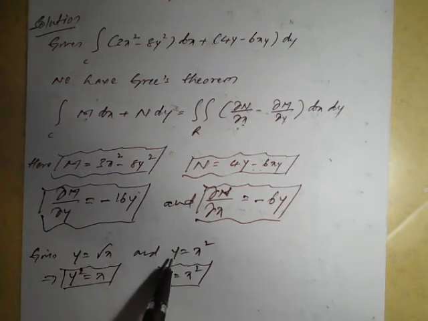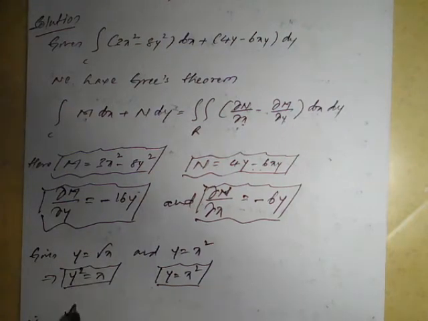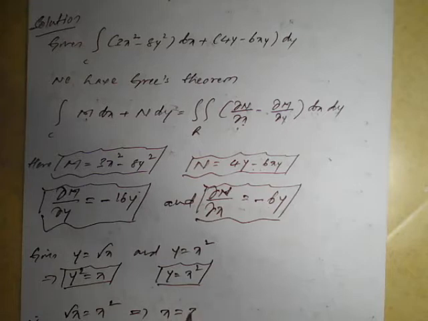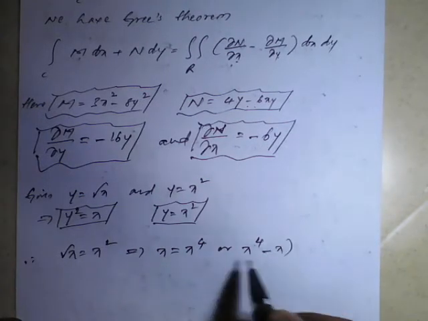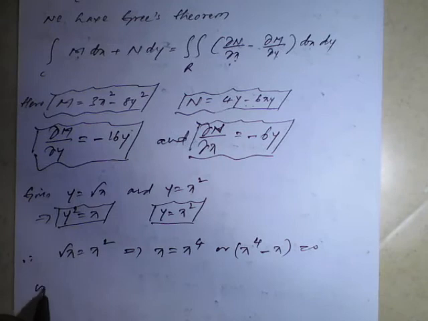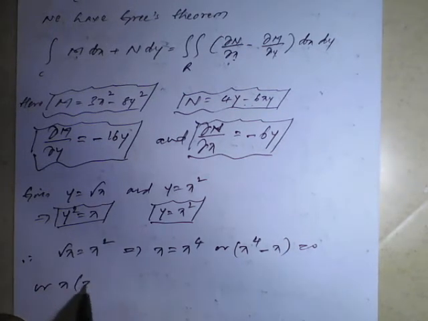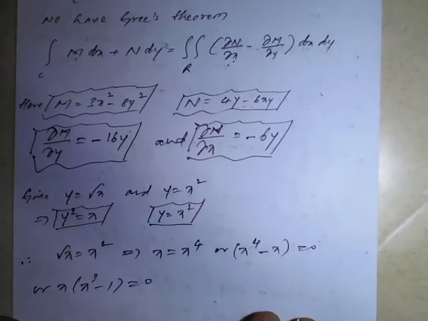On simplifying, I will replace y with √x. Therefore √x = x², which implies, taking the square on both sides, x = x⁴. By squaring, the root will vanish and x is left; on the right, x⁴. Take this inside: x⁴ − x = 0, or on simplification take x common, so x(x³ − 1) = 0.